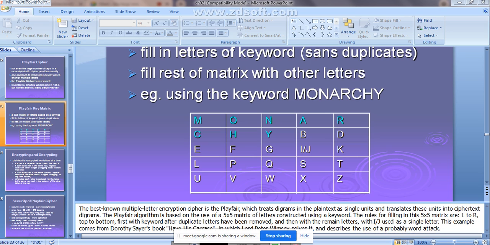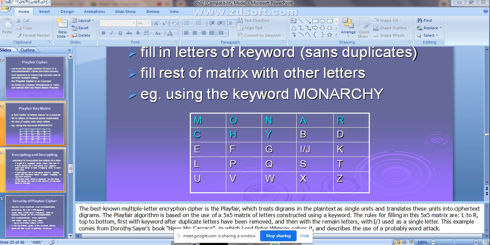So better, always place I and J in a single cell, so that all the letters fit in the 5 by 5 matrix. I hope it is clear. Like this you fill in the remaining letters, but since there are only 25 cells, I and J compulsorily go in a single cell.